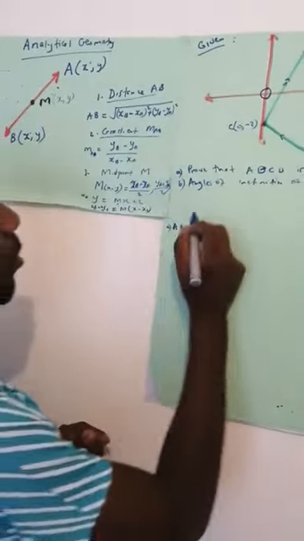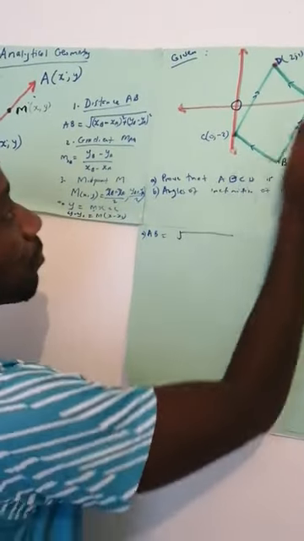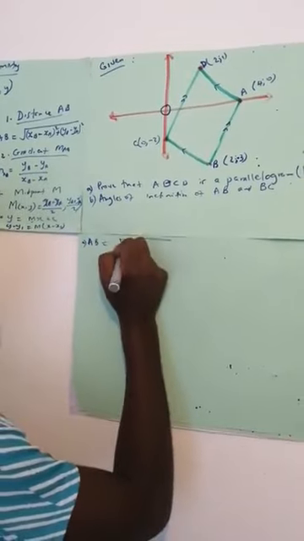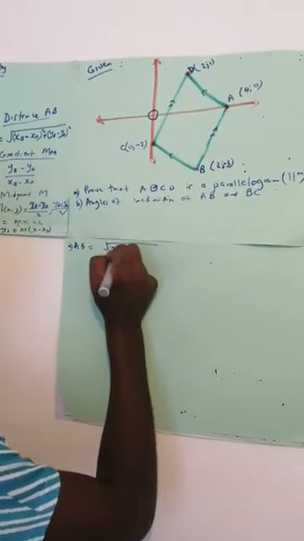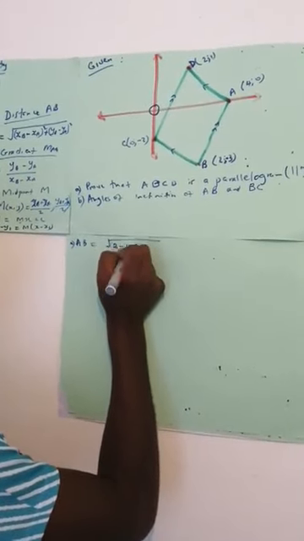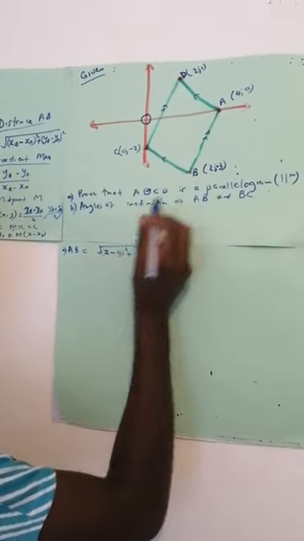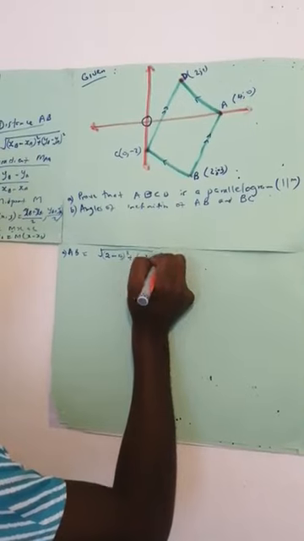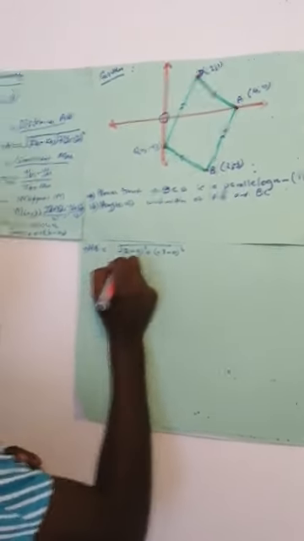Here's the distance formula. Root, AB will say, start with x: 2 minus 4, all squared, plus -3 minus 0, all squared. That's the answer.